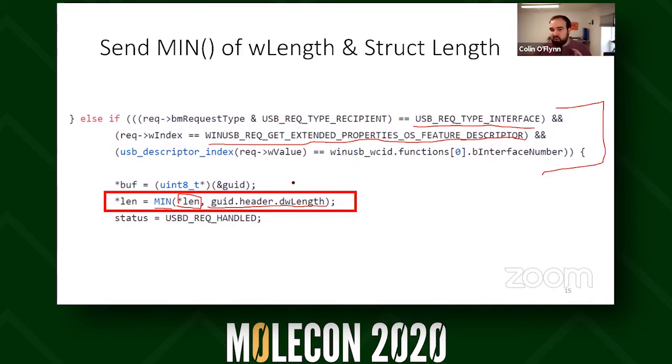And it's just sending back whichever is shorter, right? So if the host requested less data than I have to send, then I'm just going to send back however much data I actually have, or however much data the host requested. So whichever is the shorter of these two, I'm going to send back that much data. Makes sense, right? If the host requests 10,000 bytes and this descriptor's 100 bytes, I'm not going to send back 10,000.